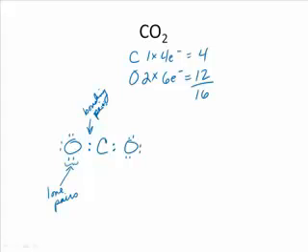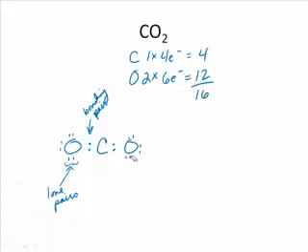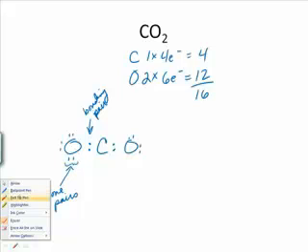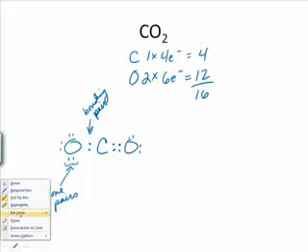So what I need to do is take one of these lone pairs and move it from being a lone pair into being a bonding pair, so that now the carbon can take credit for it, and so can the oxygen. I'm going to do the same thing on the other side.